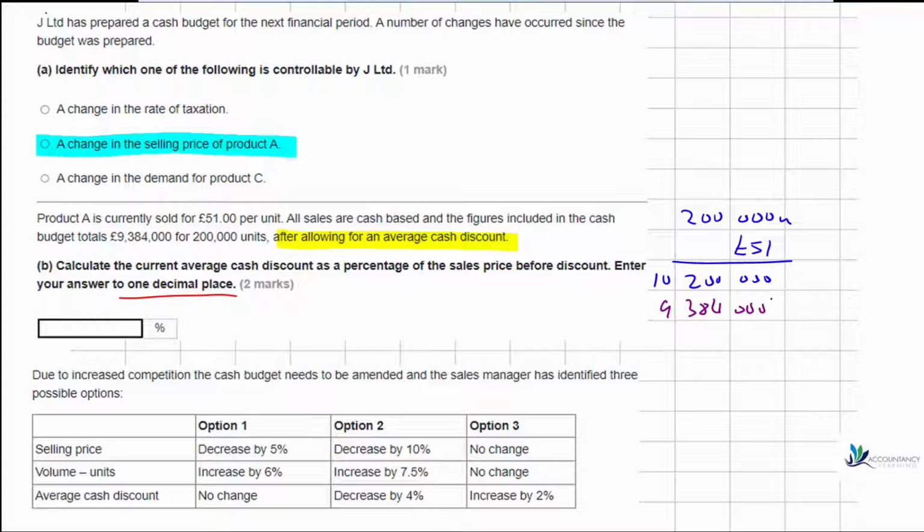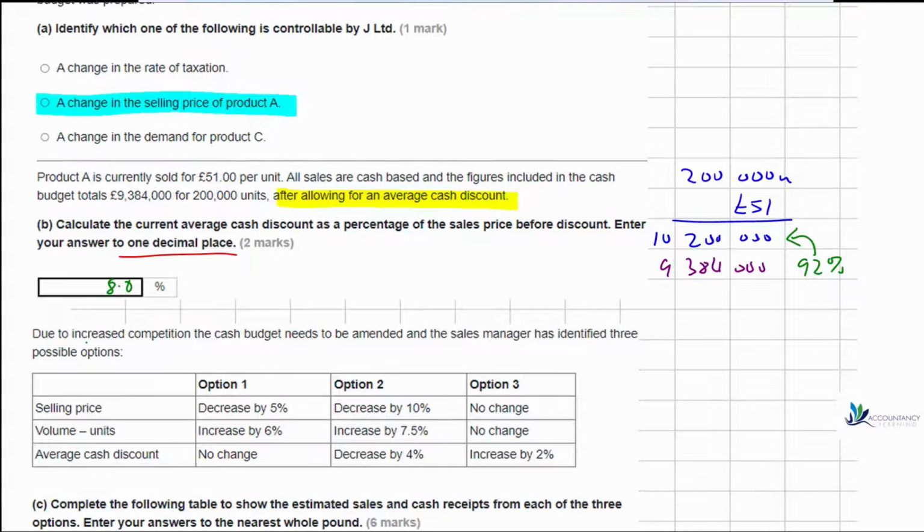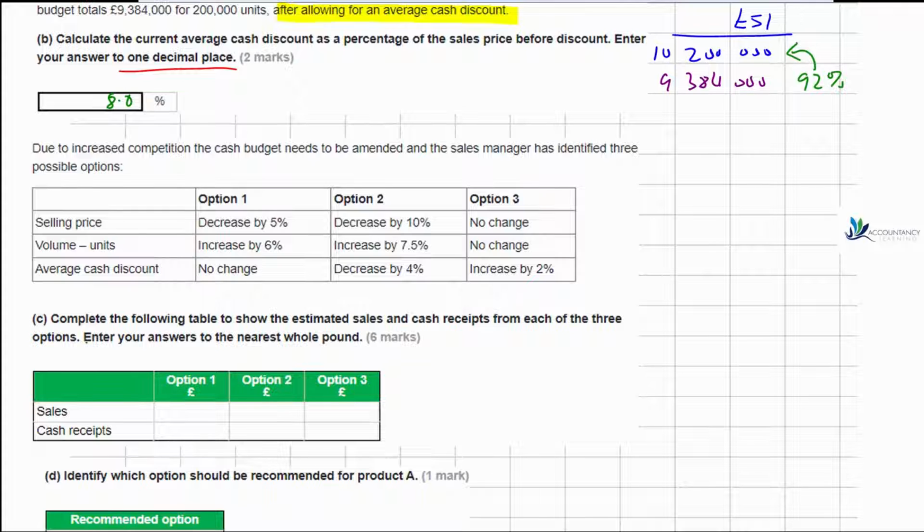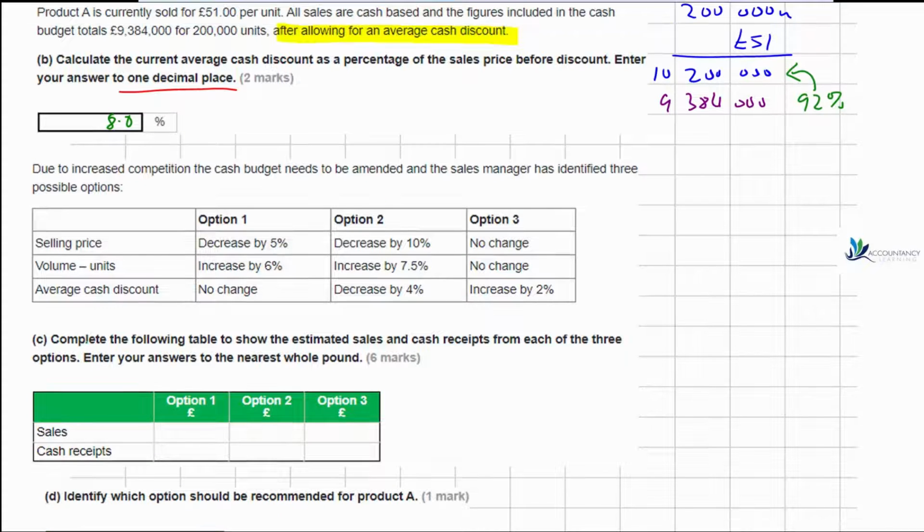So if we take that 9,384,000 and divide by the selling price before the discount, then that gives us that this 9 million is 92% of the pre-discount sales price. So that tells us that our discount must be 8.0%.